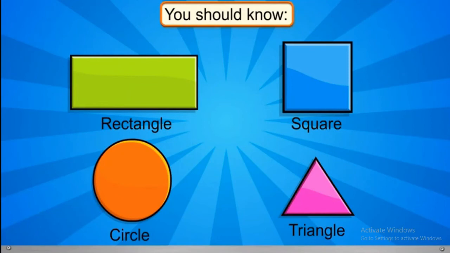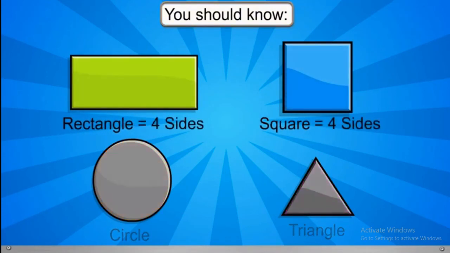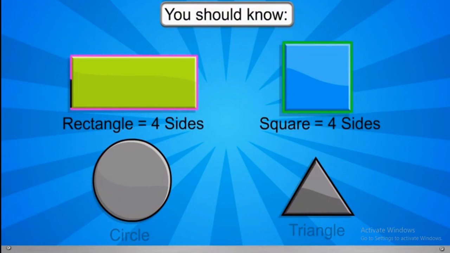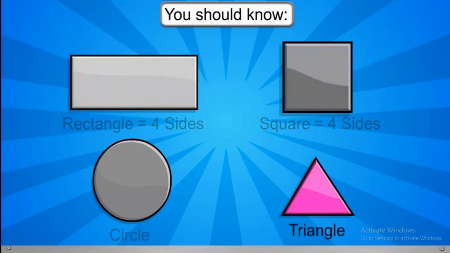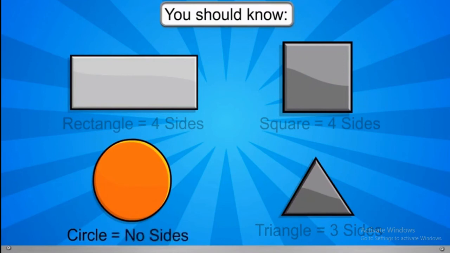There are few basic shapes that you should know. They are rectangle, square, circle, and triangle. A square and a rectangle have 4 sides. A triangle has 3 sides, but the circle has no sides.